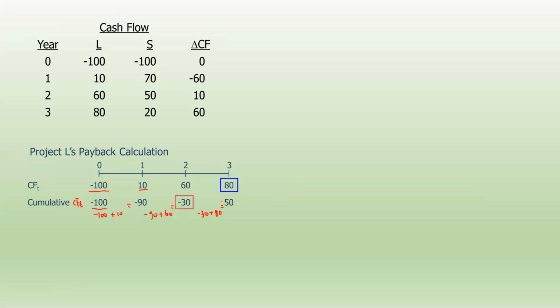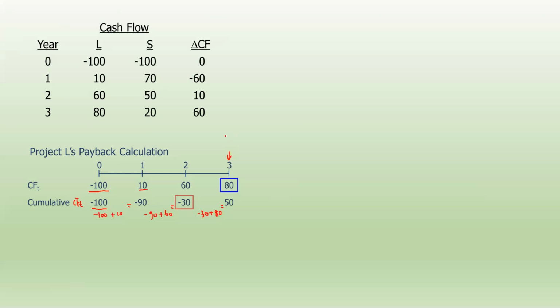It's positive, meaning at the end of year 3, we not only collect back all our initial cost, we make a positive cash flow of $50. So at year 3, our cumulative cash flow changes from negative to positive.